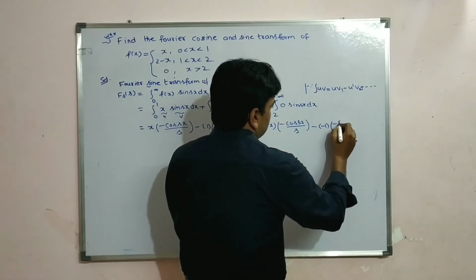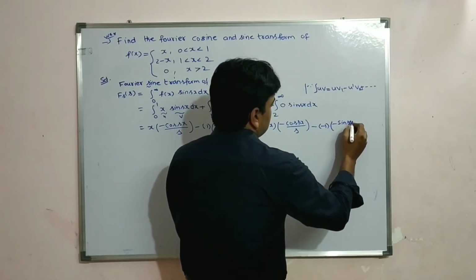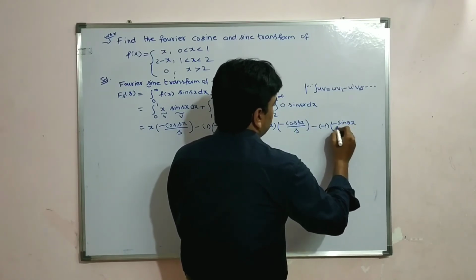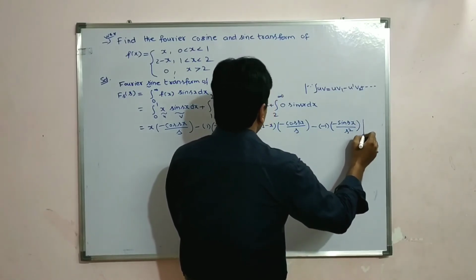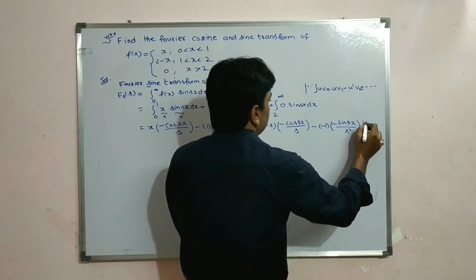So minus sin sx by s, already we have s, students, so s square between limits 1 to 2.